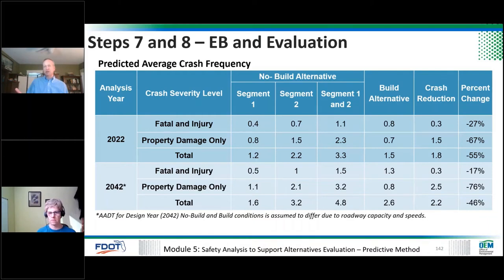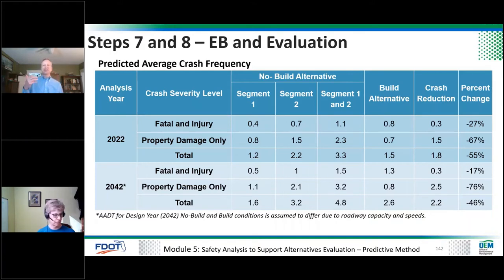You can see that the reduction is larger for the property damage only crashes, and the change by severity is something you want to pay attention to, as there are cases you'll see later today when one might go up and one might go down.